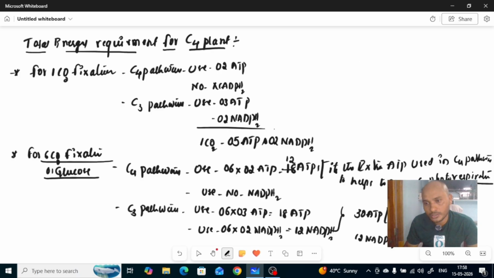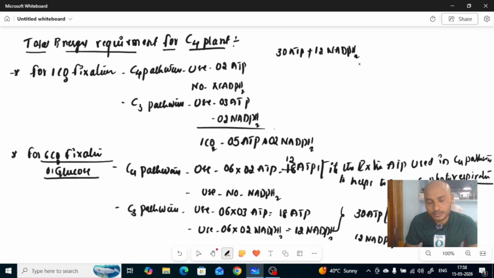So it means that the C4 pathway does not utilize NADPH2. So finally, for synthesis of 1 molecule of glucose, or for 6 carbon dioxide fixation, we need 30 ATP plus 12 NADPH.